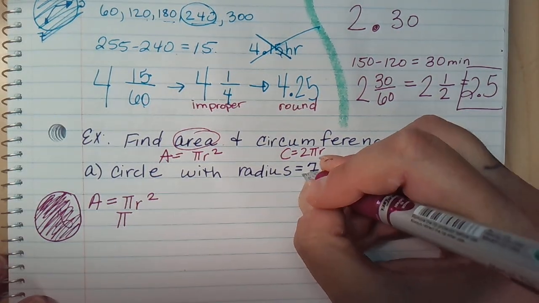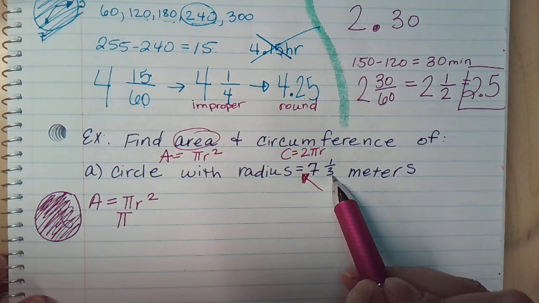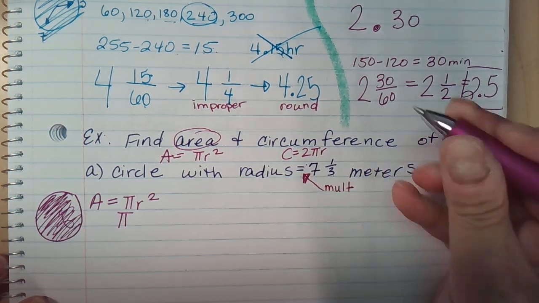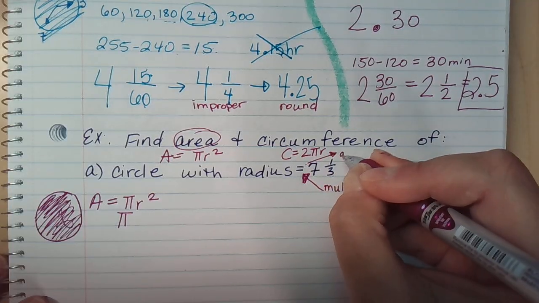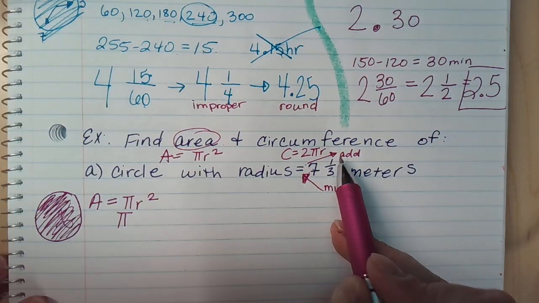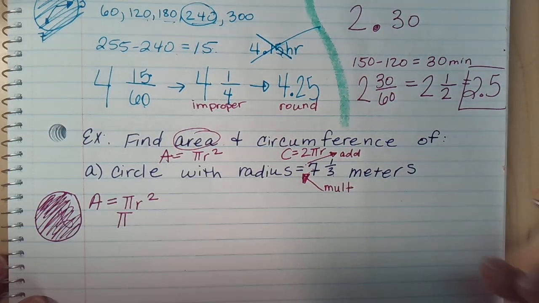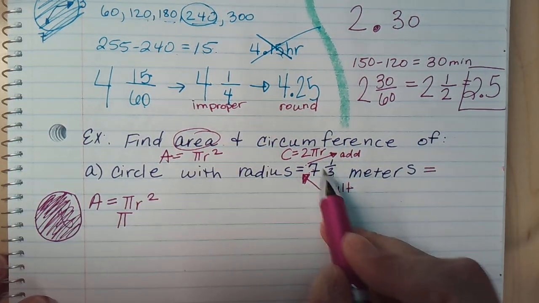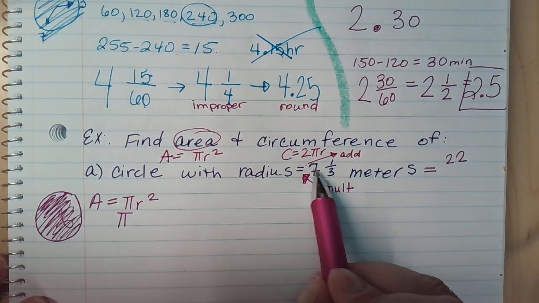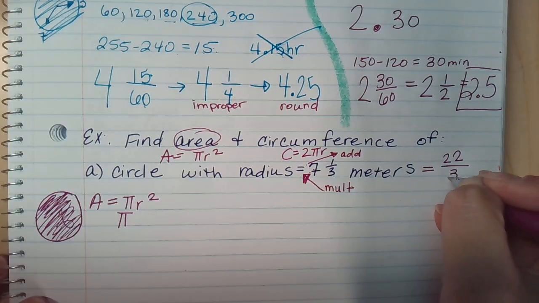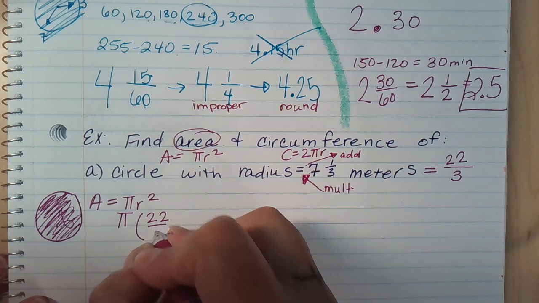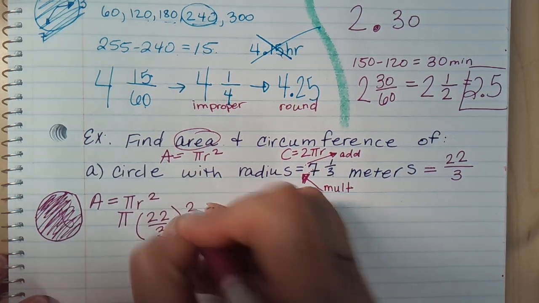To improper it, you multiply 3 times 7, which is 21, and then you add the number on top, plus that 1 is 22. So a radius of 7 1/3 meters is the same thing as 22 over 3. So that's my r, and we want it squared.